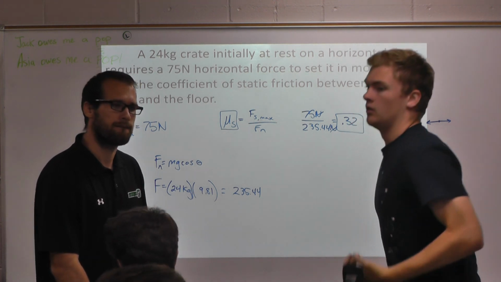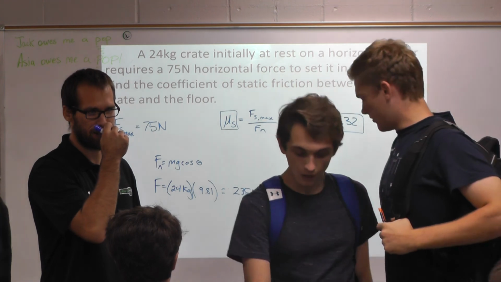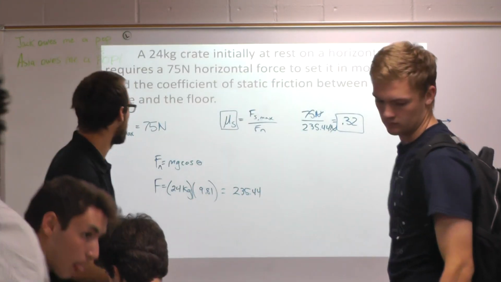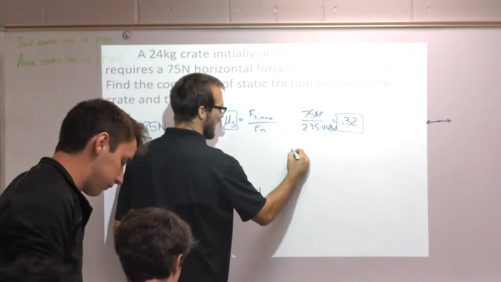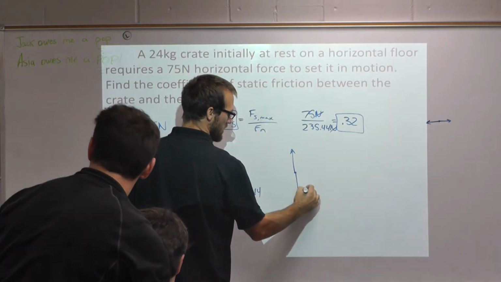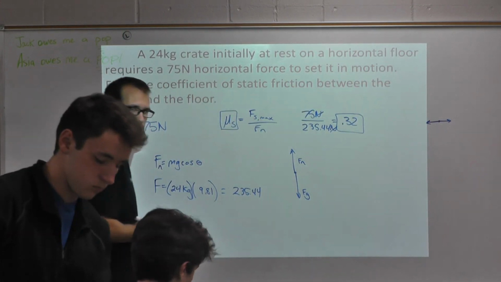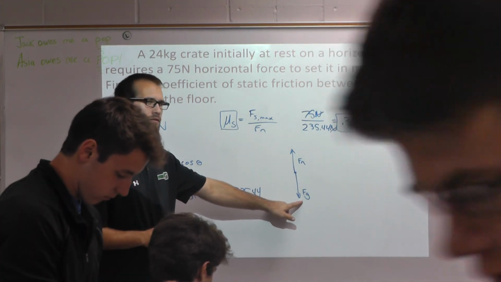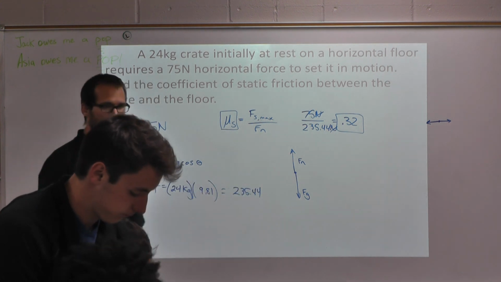What's the cosine of theta? Cosine of theta in this case is cosine of 0. Why isn't it a negative 9.8? Well, it is if we were solving for Fg. Fg would be negative, and the normal force is going to be opposite Fg, so it's going to be positive.